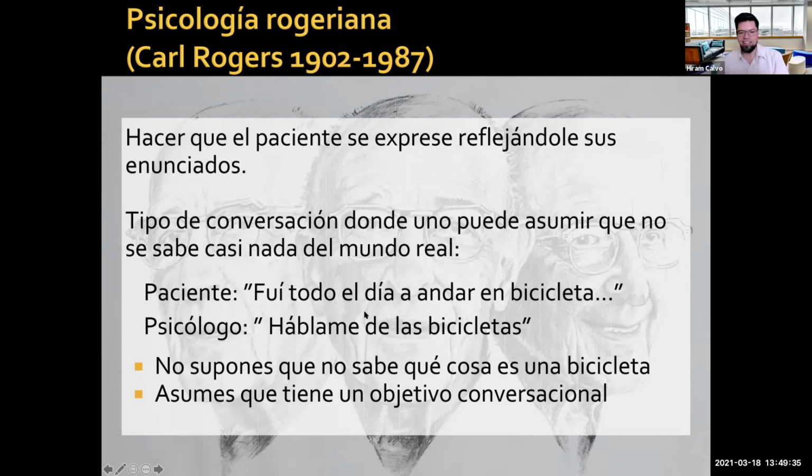So as you can see, it's a very Eliza way of asking things. And of course, it's not because the psychoanalyst does not know about bicycles, but he wants to know how the patient thinks about bicycles. So maybe bicycles mean something for Christian, but for Cesar mean nothing.